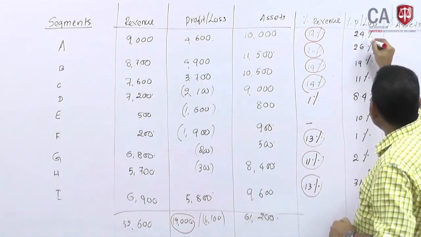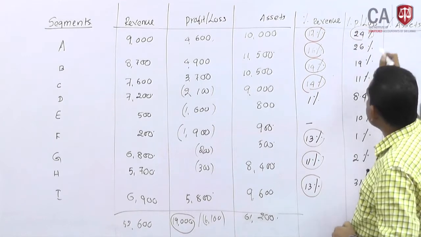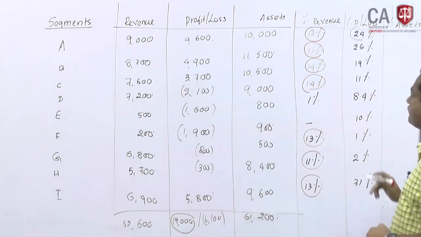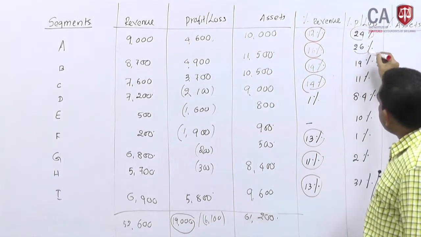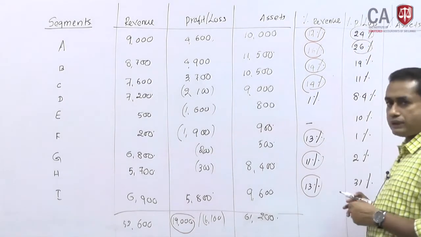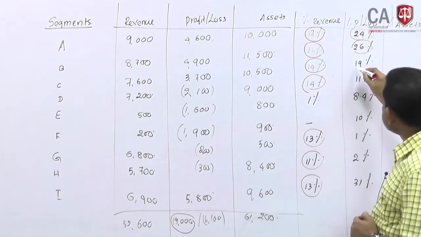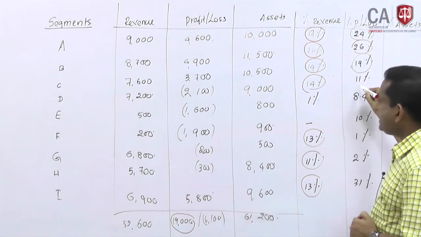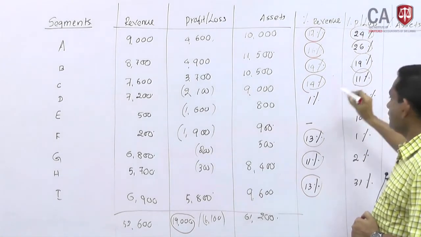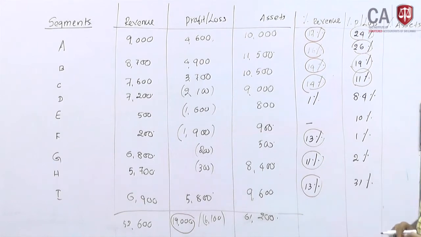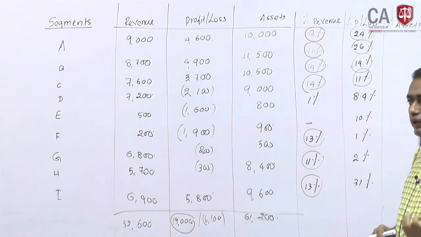Anyway, A continues to be a reportable segment, it satisfies the second quantitative threshold as well. B continues to be a reportable segment because it satisfies the second quantitative threshold as well. So is C, so is D, and E continues not to be a reportable segment because it does not satisfy the second quantitative threshold either.